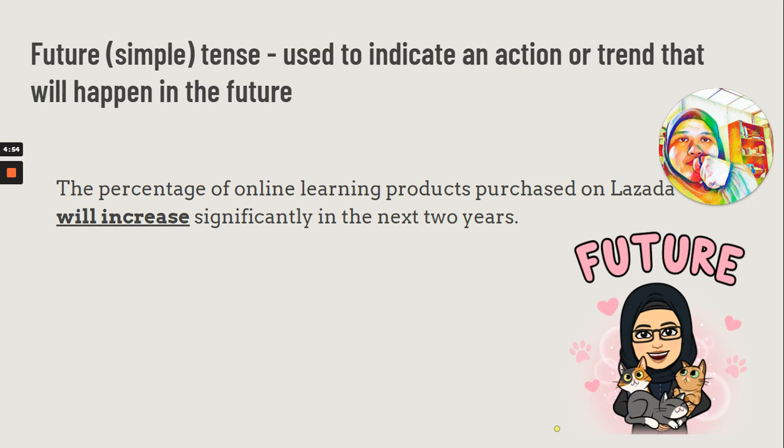For example, the percentage of online learning products purchased on Lazada will increase significantly in the next 2 years. So will increase is the future tense that you should use when you get years or dates that are not happening yet. All right, so that is all for tenses.